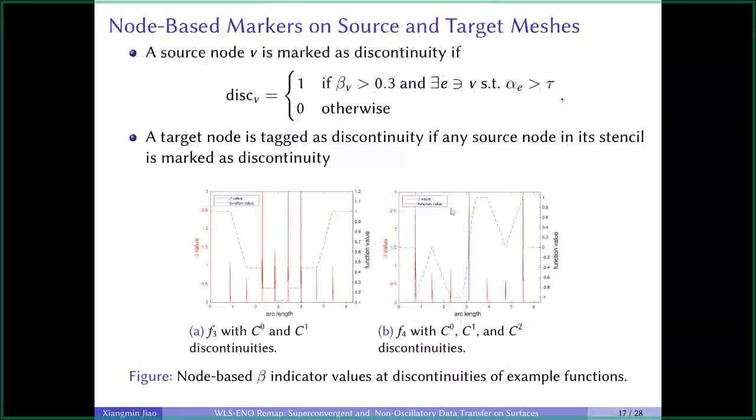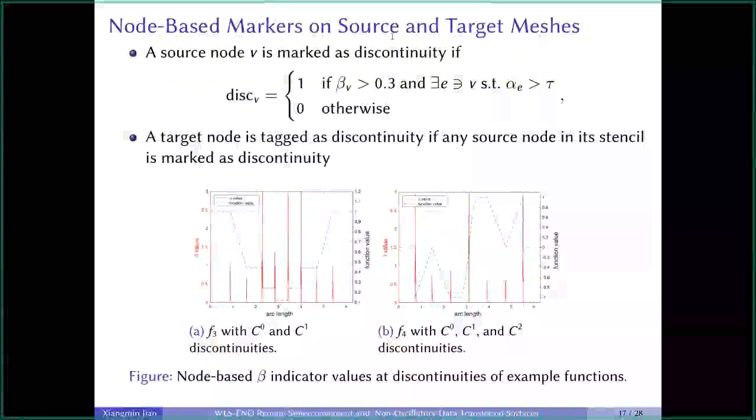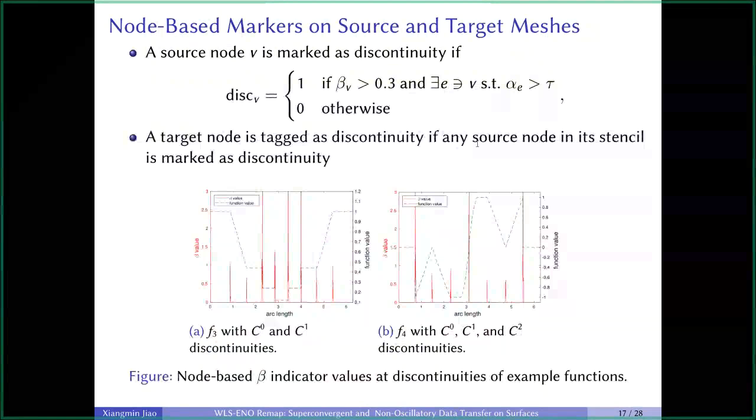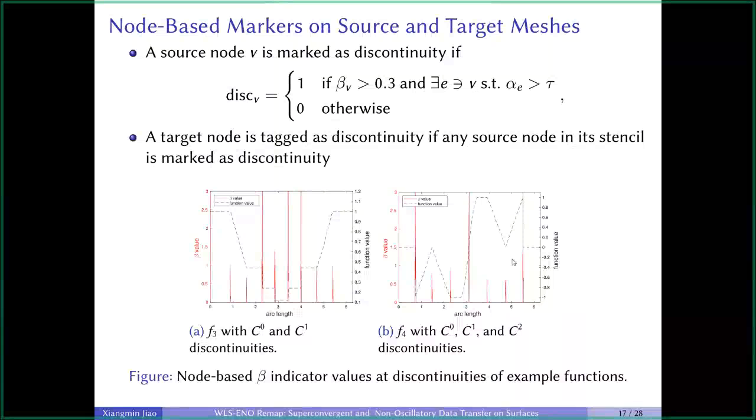And that's what we want because this is guaranteed based on the Taylor series expansion analysis. And so this gives us the values on the source mesh and on target mesh. Now, if a source node in the stencil of a target node is marked as discontinuity, then we consider that node as discontinuity. Okay, so this allows us to detect discontinuities very robustly.